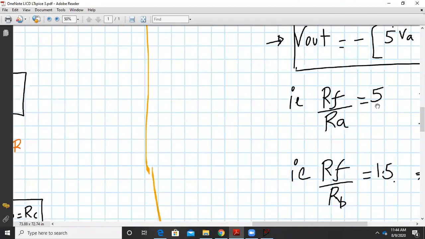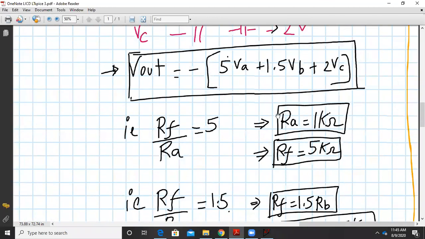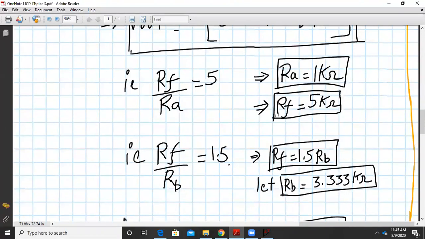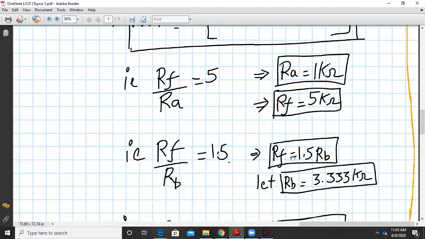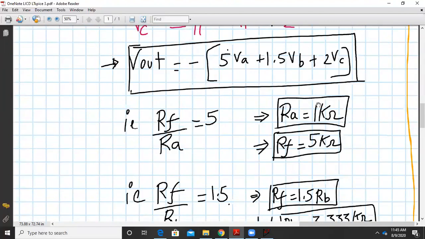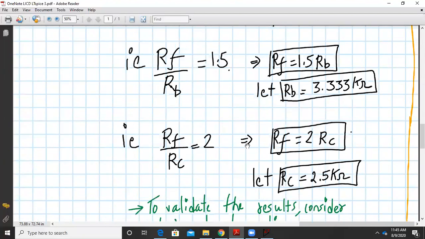If we consider RA as 1K, then RF will be 5K. Similarly, RF upon RB has to be 1.5. So RF will be 1.5 times RB, and RF is already 5K. So RB will come out to be 3.33 kilo ohms. Similarly, if we want RF upon RC as 2, then RF will be 2 times RC, and RF is already 5.